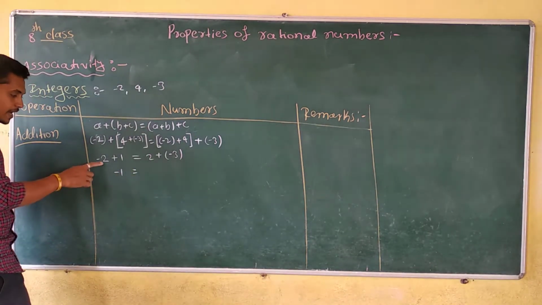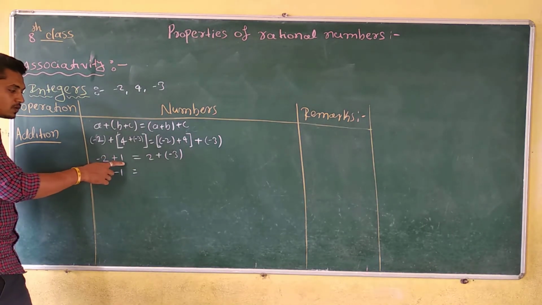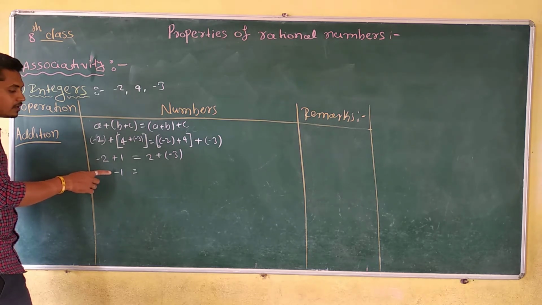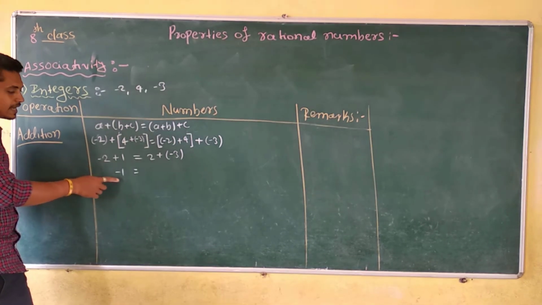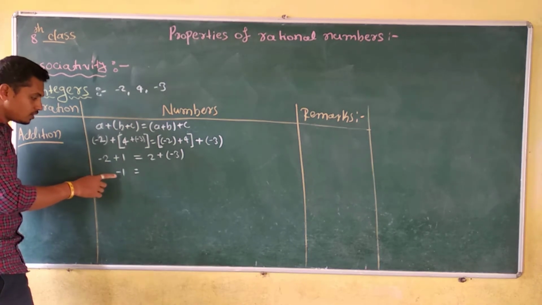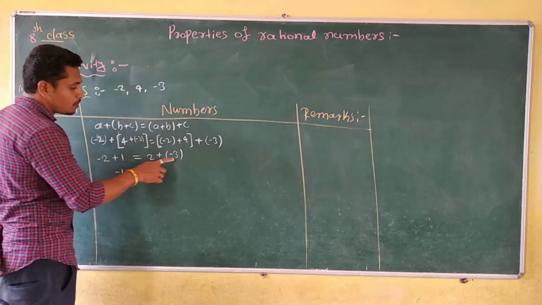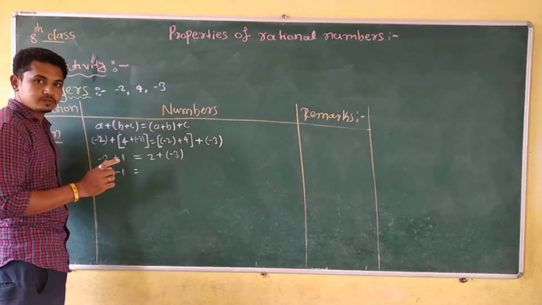Is it right? So -2 plus 1 is -1: subtract 1 from 2 and take the sign of the greater number, which is minus. On the right side, -2 plus 4 is 2, so 2 plus (-3). Is it right? So -3 plus 2 gives -1.